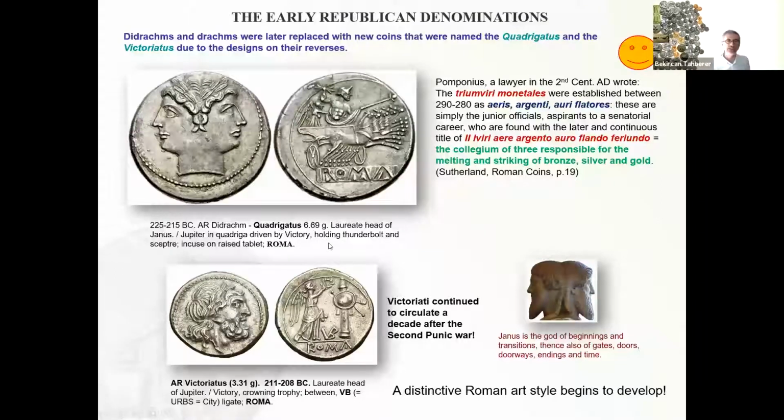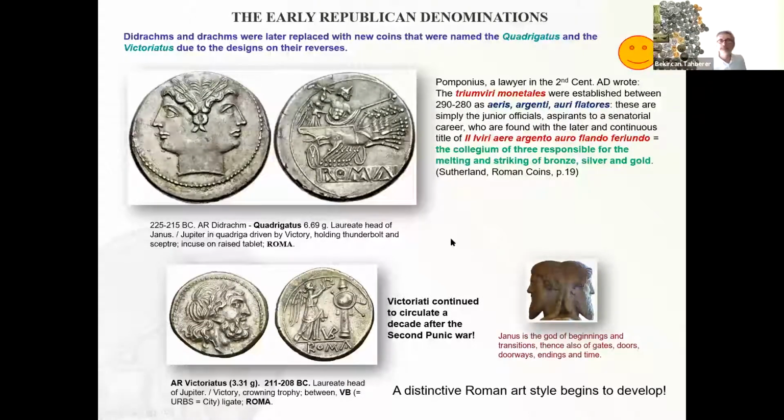As you see, this one is similar to the earlier didrachms, 6.69, and these are half of that unit, 3.31. And interestingly, Victoriati continued to circulate a decade after the Second Punic War.